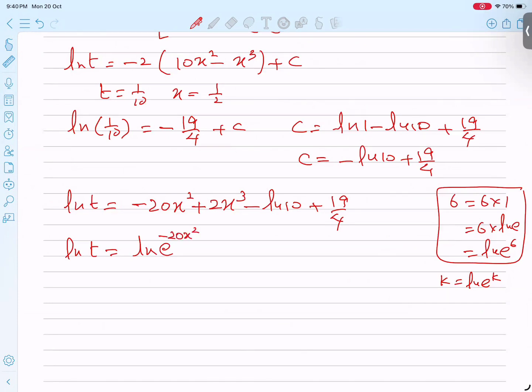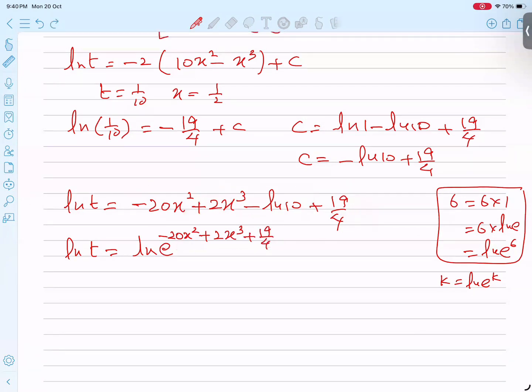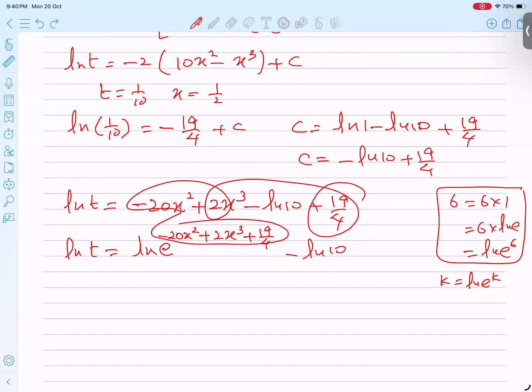And even this I can write together, no issue at all. Only this whole thing went in the power. Only the left part, negative ln 10, is left. Repeat my words. These two values are ln, and the rest, values 1, 2, 3, I brought into a power.